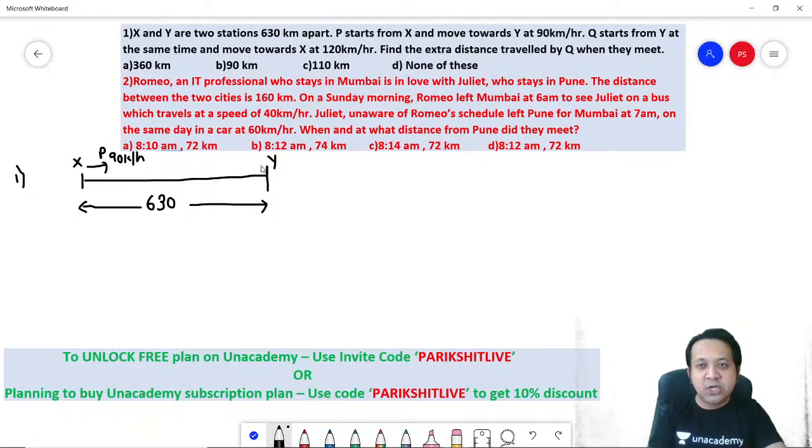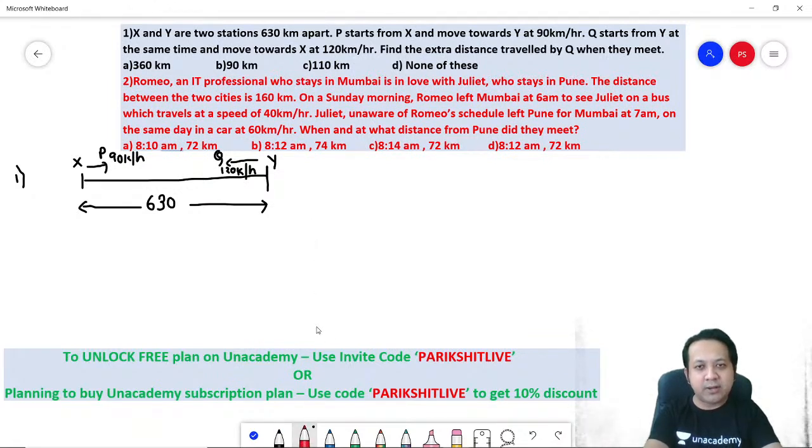What about Q? Q starts from Y at the same time and moves towards X at 120 kilometers per hour. Find the extra distance traveled by Q when they meet.